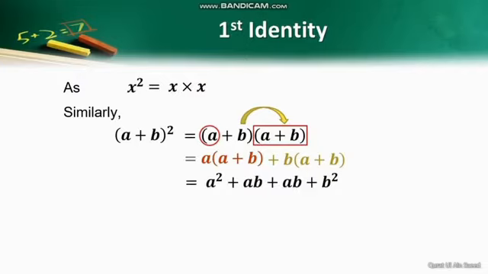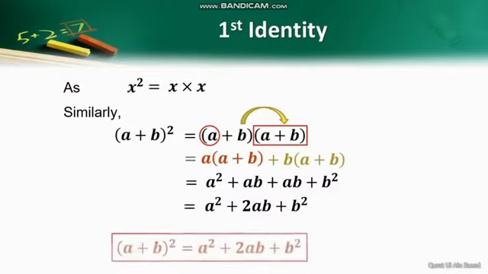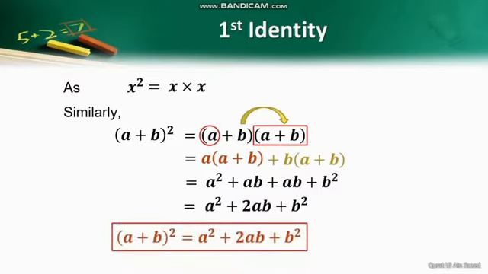Here, clearly the middle two terms are alike, hence they can be added to each other to give us 2ab. So the expression is a squared plus 2ab plus b squared. This completes our first identity, that is a plus b the whole squared is equal to a squared plus 2ab plus b squared. Now let's move on to the second identity.